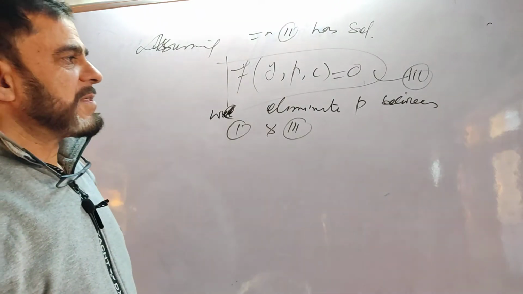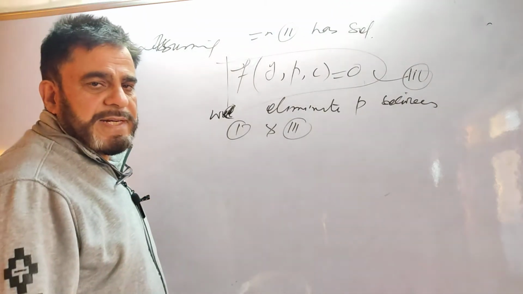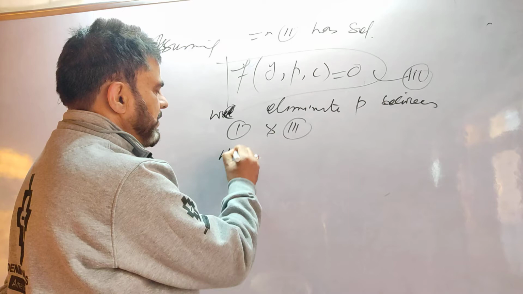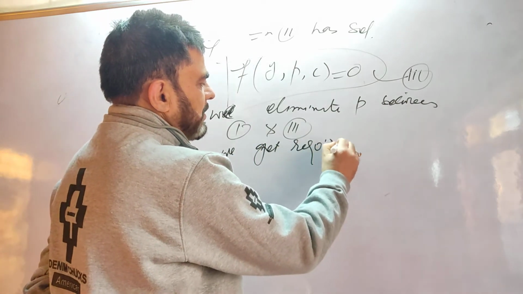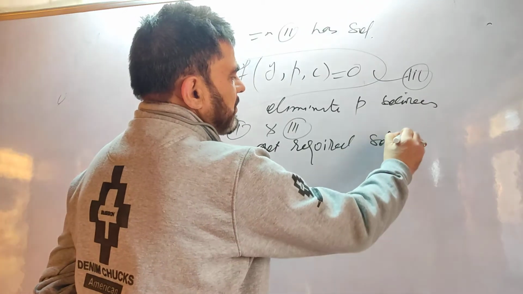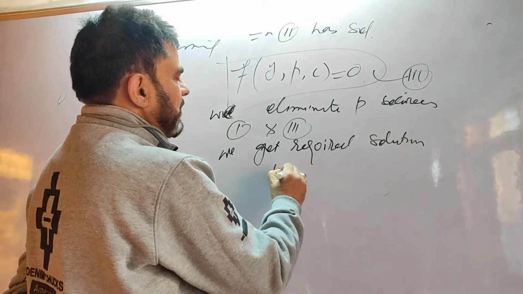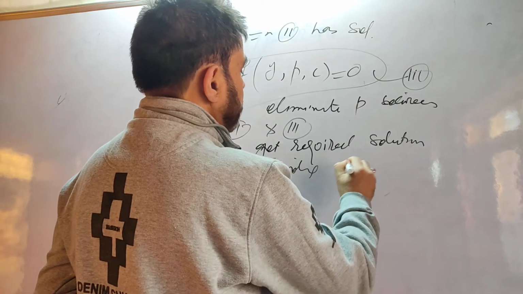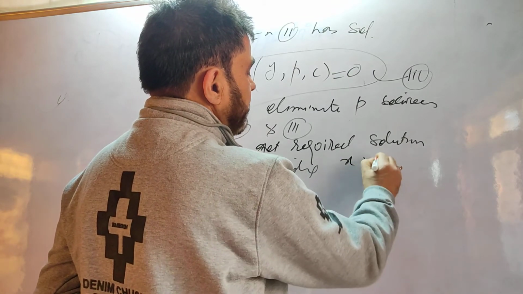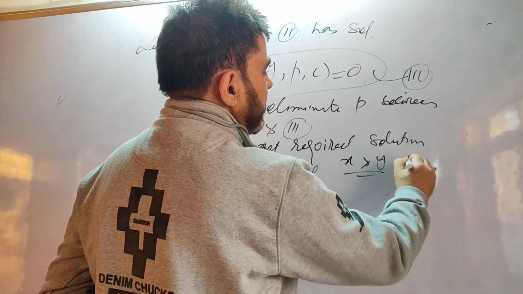Eliminating p between the first and third, we get the required solution involving x and y and some constant.